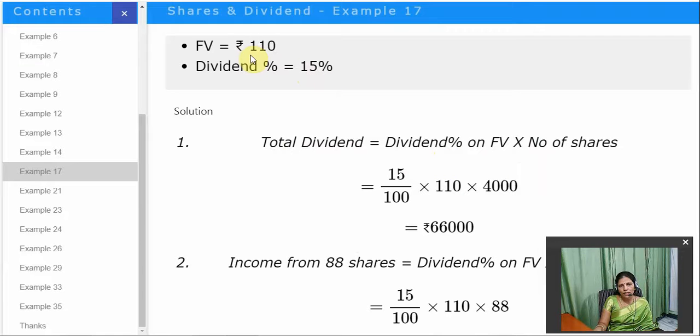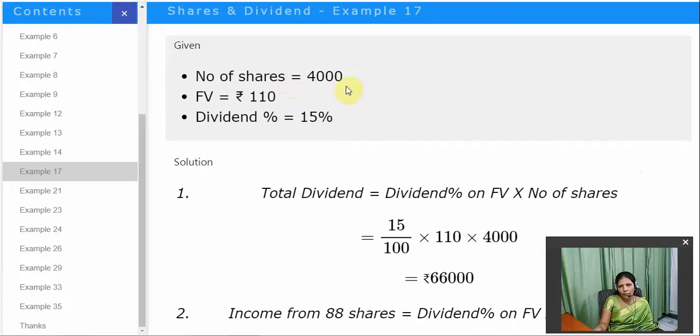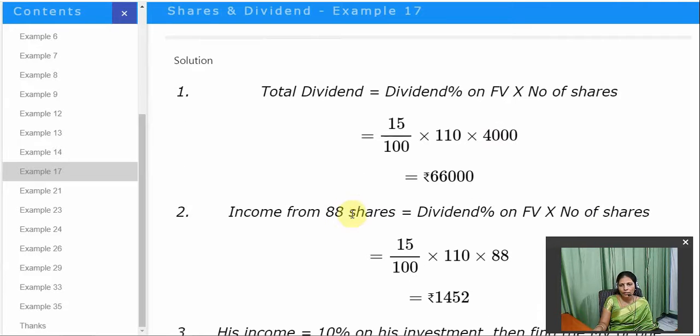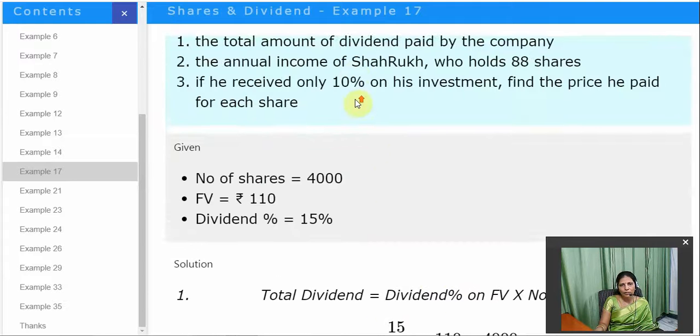Face value is already given as 110, and the number of shares is also given in the question. So just substitute under the formula. It is only simplification. When you simplify, you get 66,000. So this is his total dividend, total income. Clear?